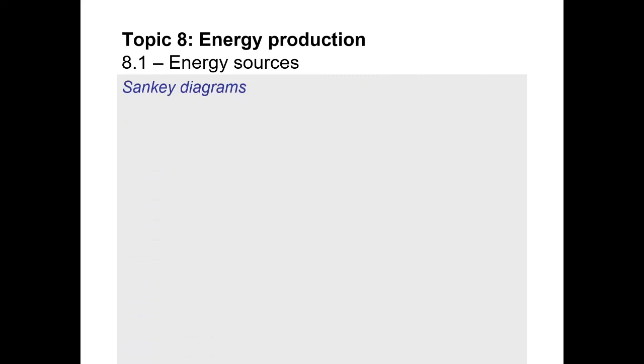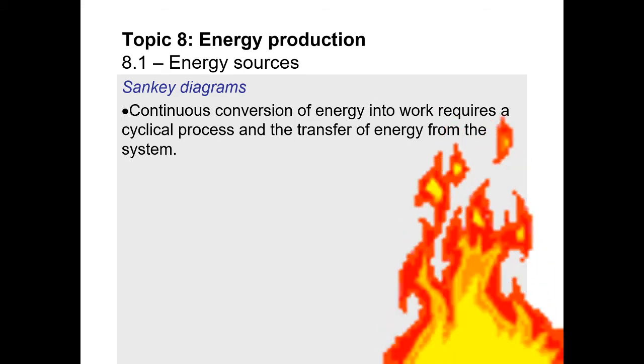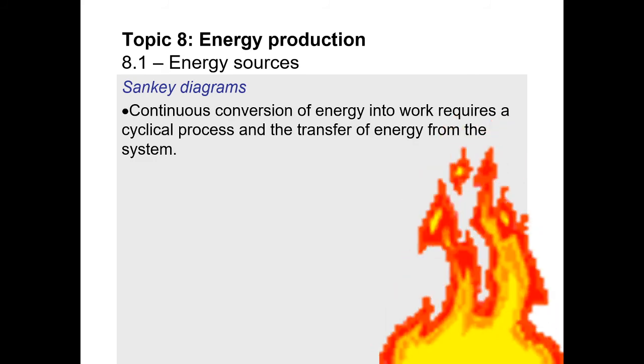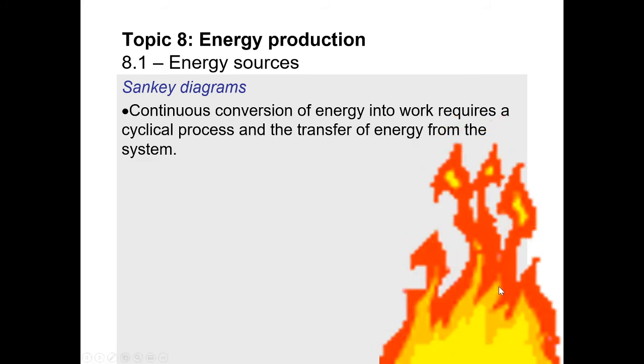Sankey diagram. So notice that the heading has now changed. We're going to be looking at what a Sankey diagram is today and in the next video as well. So consider the following scenario. You have some kind of open flame. There are a lot of energy transformations that take place as this fire is produced.